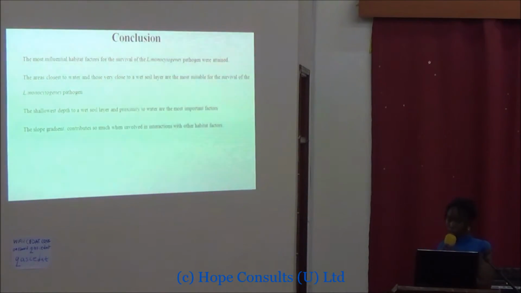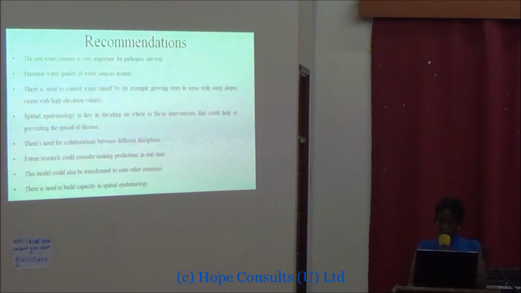In conclusion, the most influential habitat factors were those that are related to water and the slope gradient. And therefore, there is need to maintain water quality of the water sources, especially since this bacteria is transmitted through food to humans.